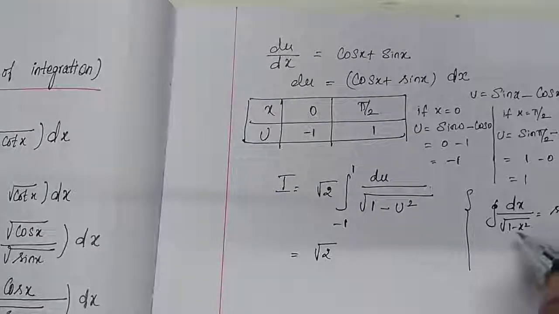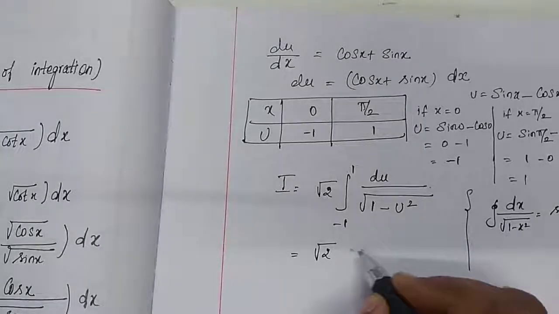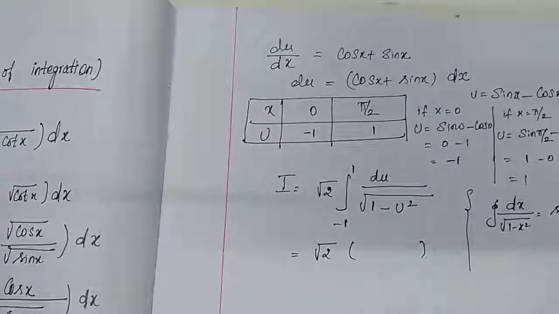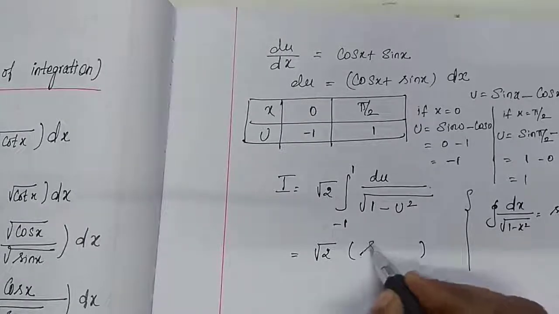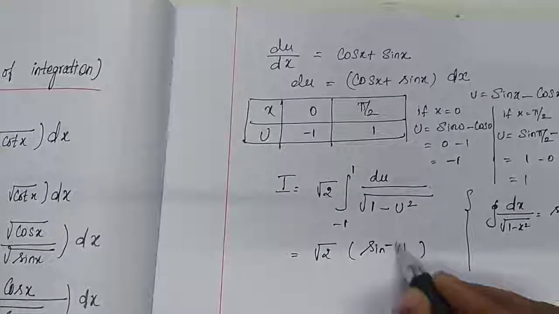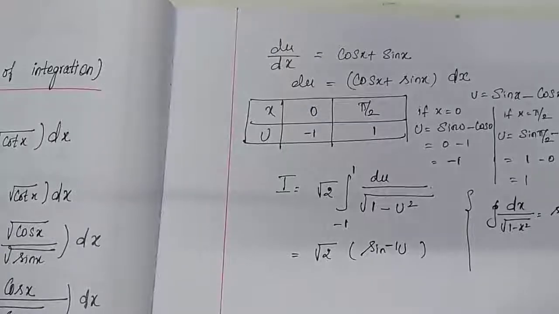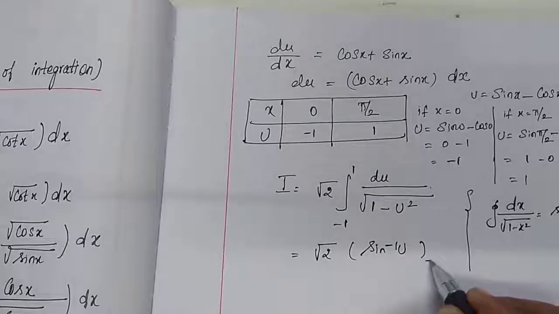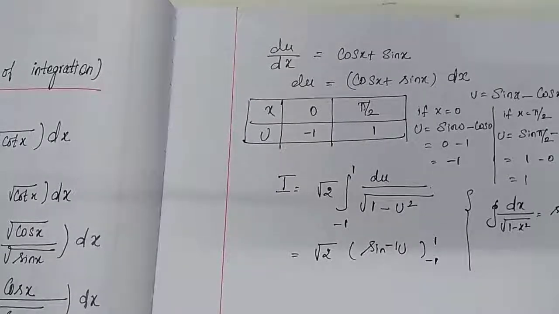Here a is 1, so sin inverse x by 1. Therefore our answer is sin inverse u, with the limit over minus 1 to 1.